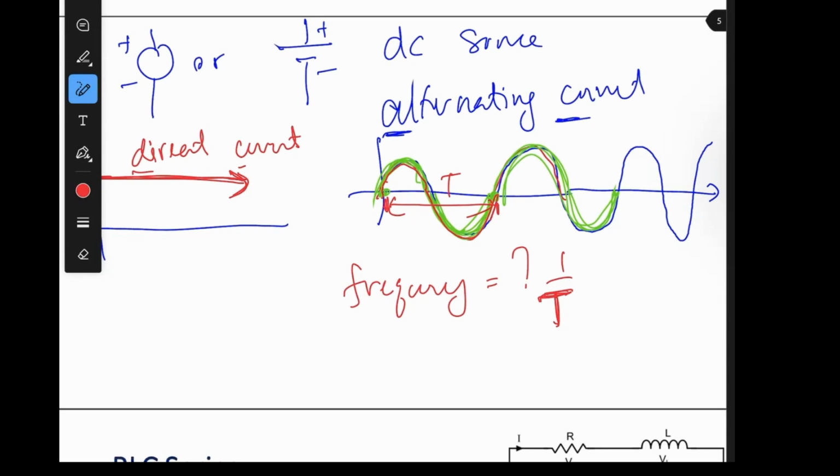Frequency is known as how many cycles in 1 second. The unit is 1 over second, or second to the power of minus 1, or hertz. For example, if one cycle is equal to 1 second, then the frequency is equal to 1 hertz.